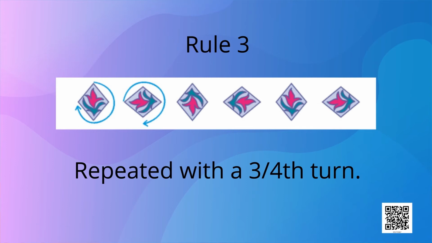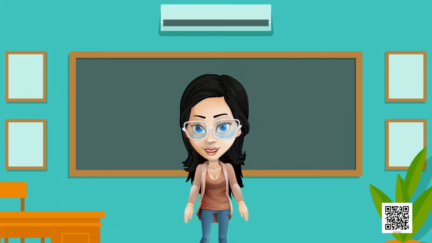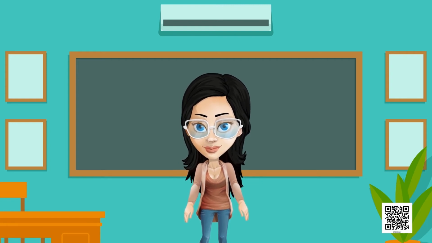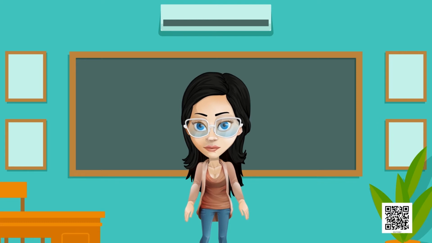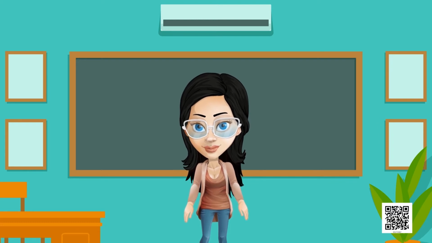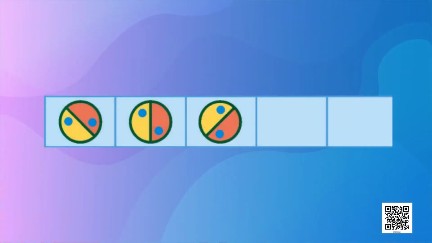And again a beautiful pattern has emerged. Observe very keenly the pattern. So you see? Yes, good. Now it's your turn to think and tell me which pattern comes next. So, can you see the circle?